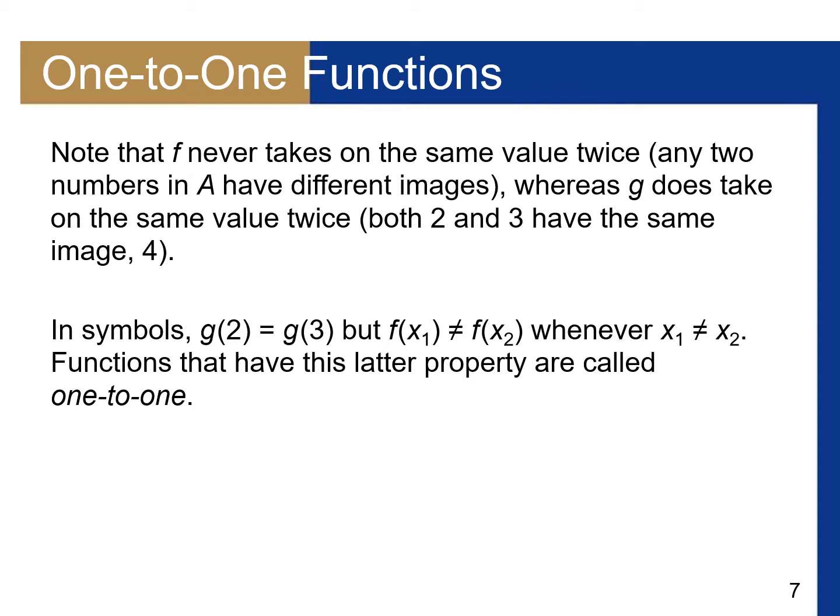So just a reminder, again, f never takes on the same value twice. Any two numbers in A have different images. So g does take on the same number twice. So 2 and 3 both have the same image of 4. Now, when they say same image, they're talking about the range values.